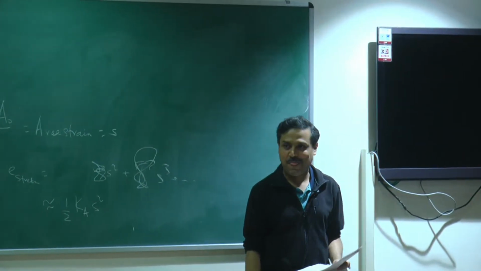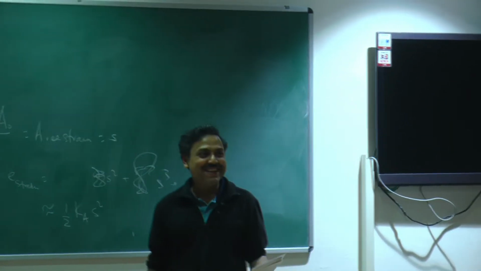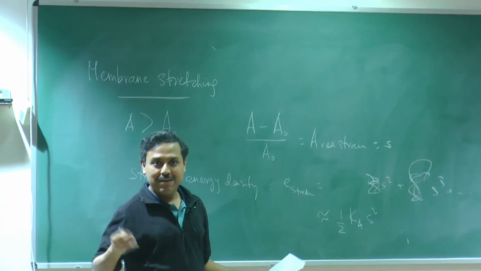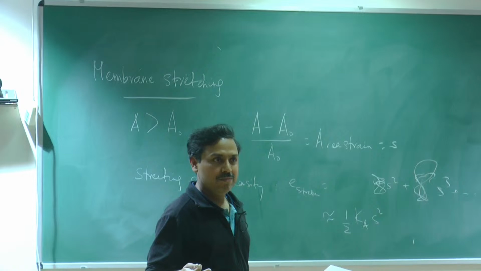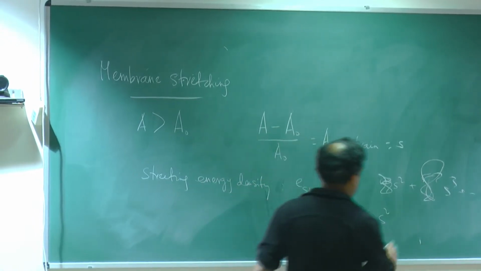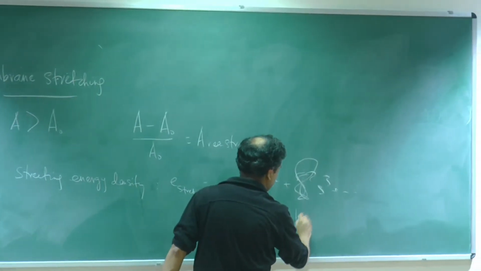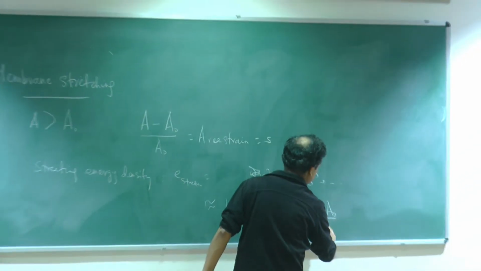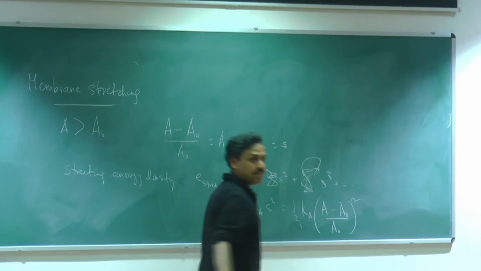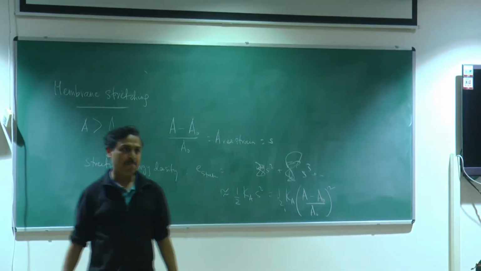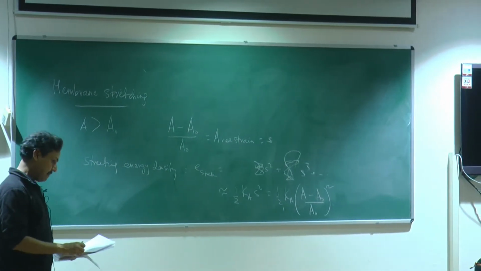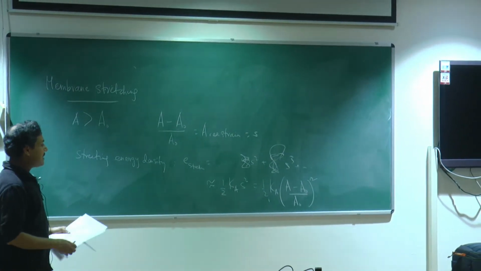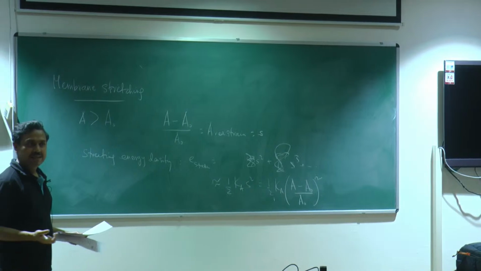Yeah, this sounds convincing. So I'm going to write this as half of Ka times A minus A naught divided by A naught, whole squared. So that's the stretching energy density.